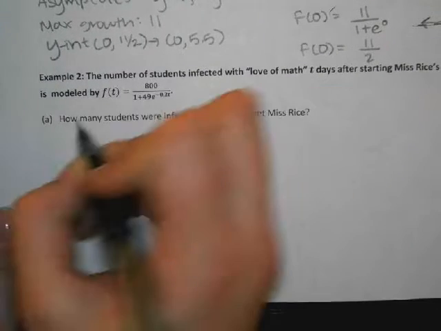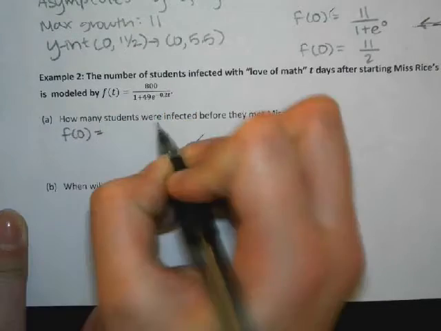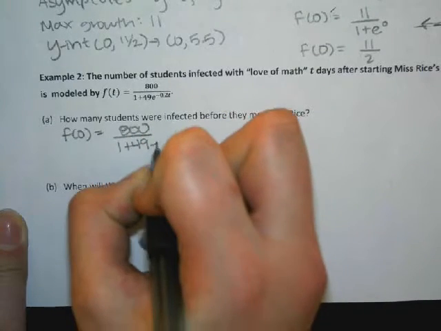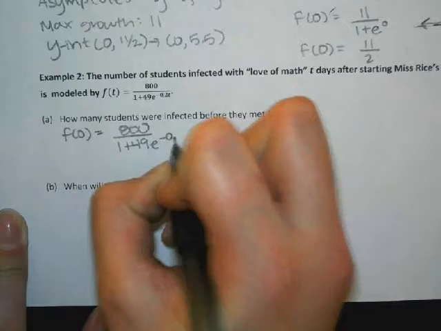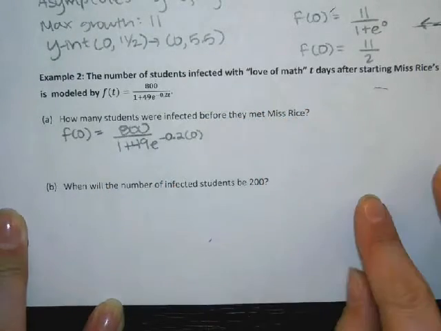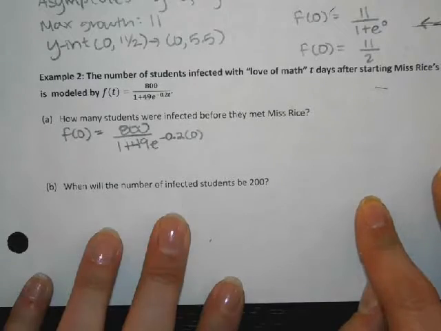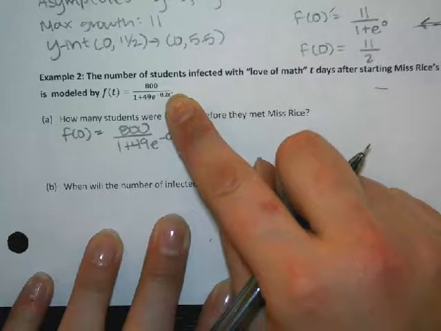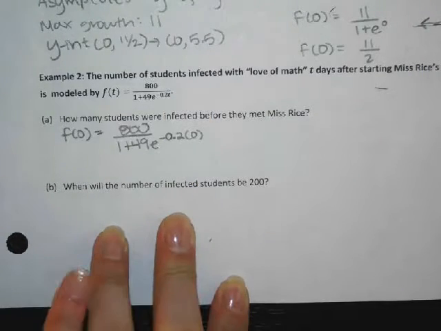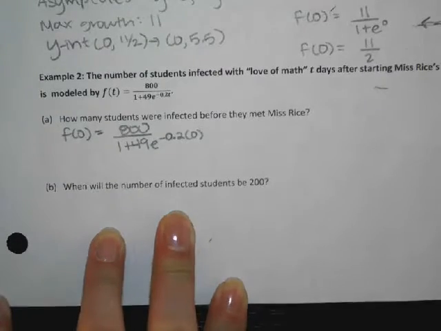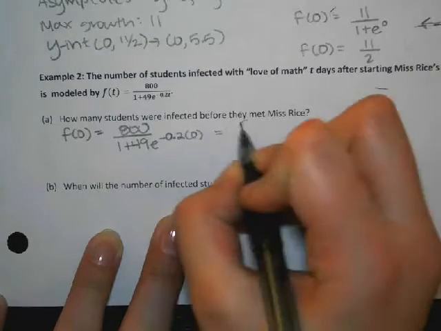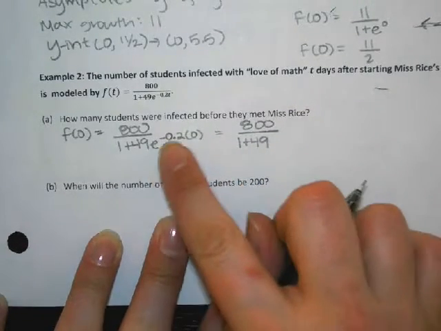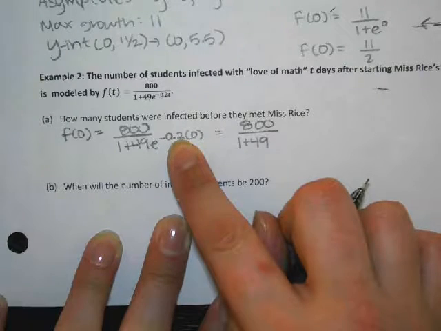So we're going to go ahead and say f of 0 equals 800 over 1 plus 49e to the negative 0.2 times 0. Okay. All right, and so we know that this is actually 800 over 1 plus 49 e to the 0, which is 1.